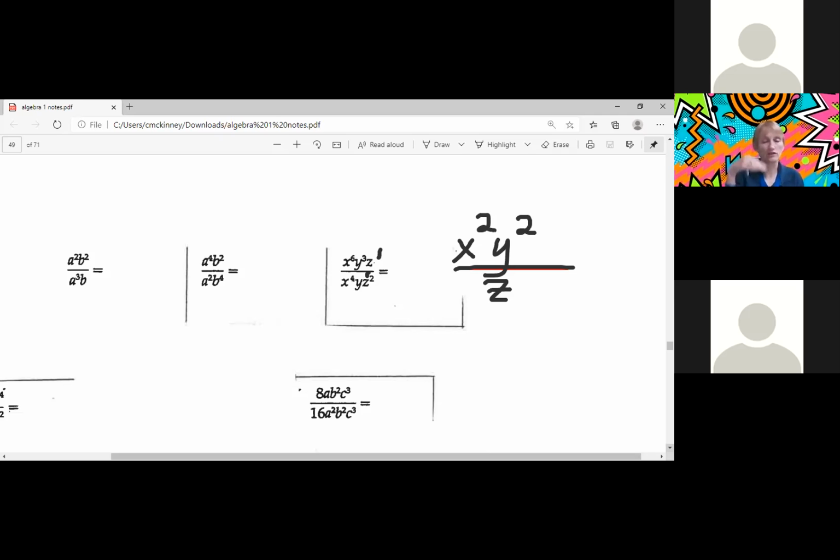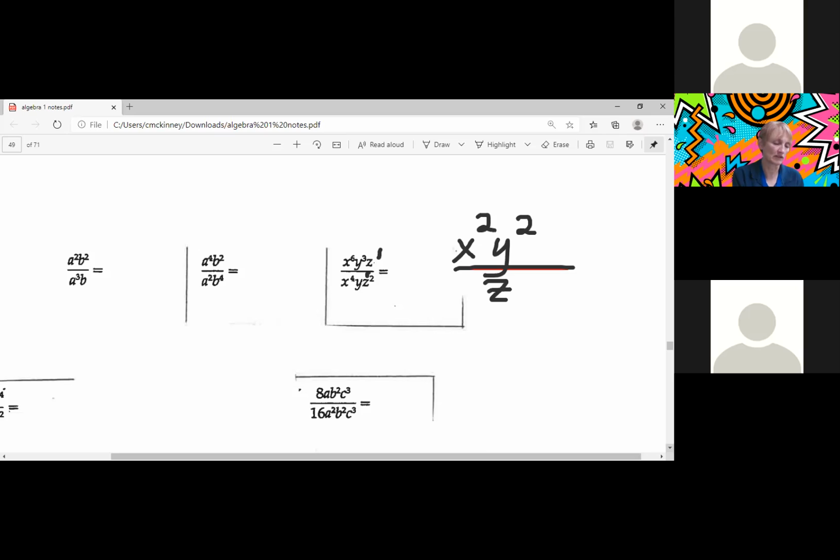So it's just like a little battle between each set of variables. Whichever top or bottom wins, that's where the answer lives. If everything cancels out of the bottom, if everything was higher power on the top, then it wouldn't need to be a fraction anymore. If everything was a higher power in the bottom, we would have to put a 1 on the top so that it still looks like a fraction.